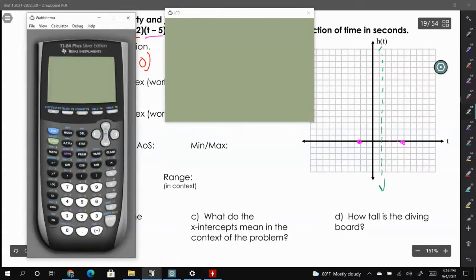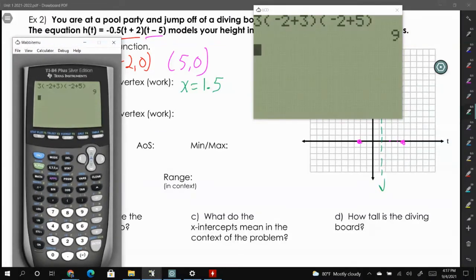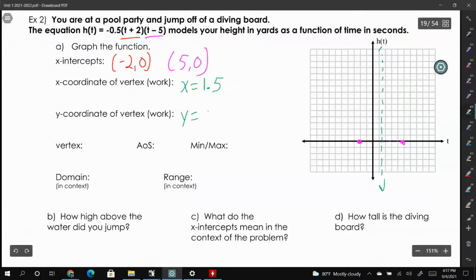Okay. So now in my calculator, I'm going to type in negative 0.5 times 1.5 plus 2 and 1.5 minus 5. Then we get 6.125.